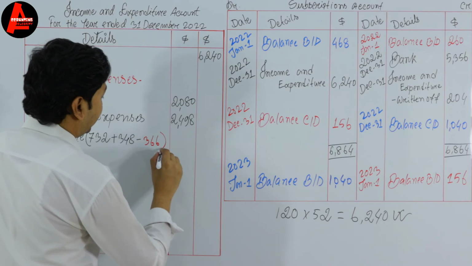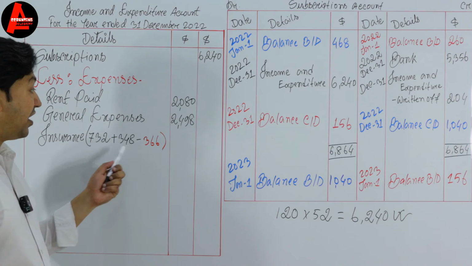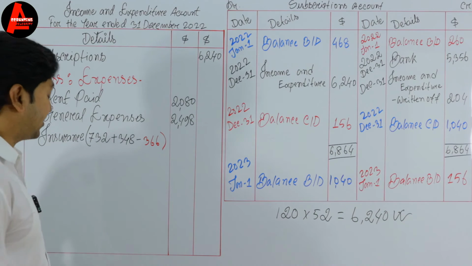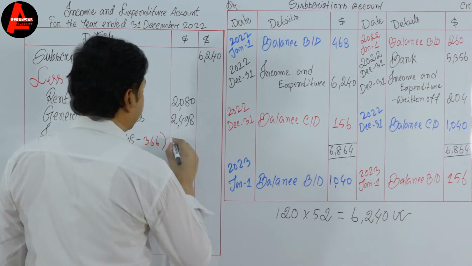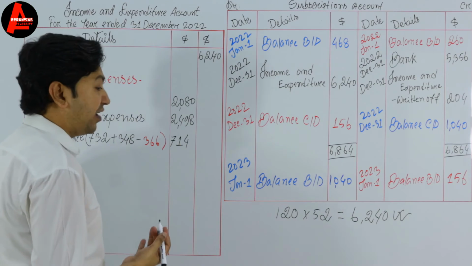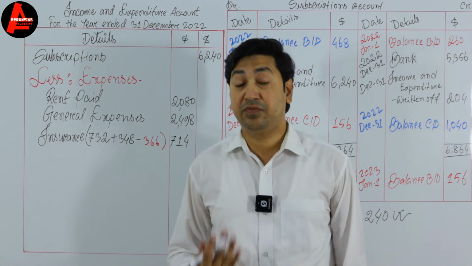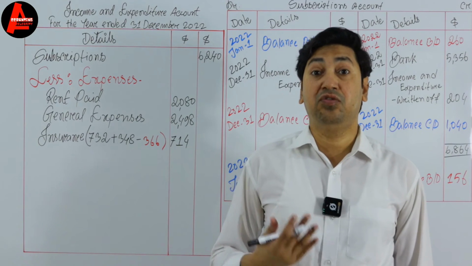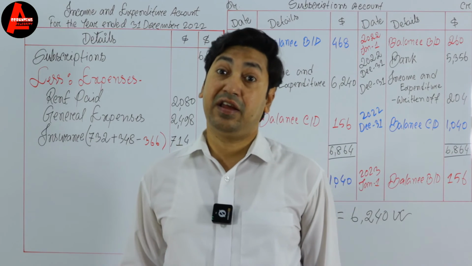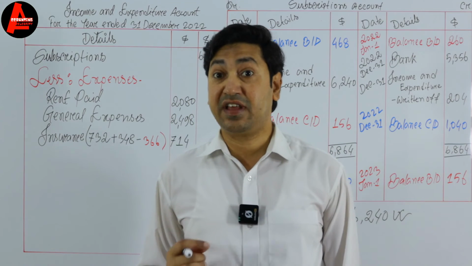So we will minus this amount. Okay, so now if we add these two amounts and if we minus 366, we get here $714. Okay, this is the final amount for insurance. So don't forget, advance in the beginning of the period will be added, and in the ending of the period will be subtracted. Okay, if it is advance.